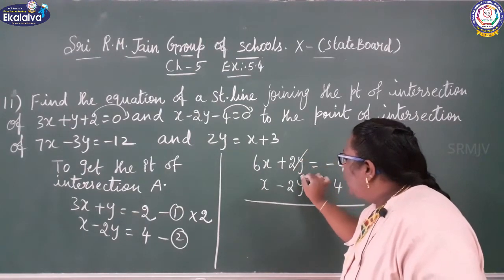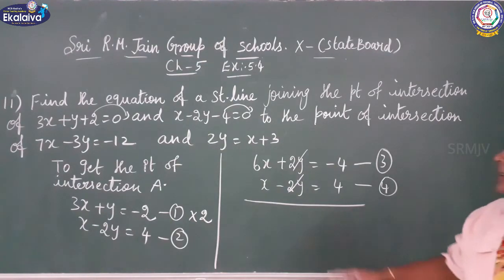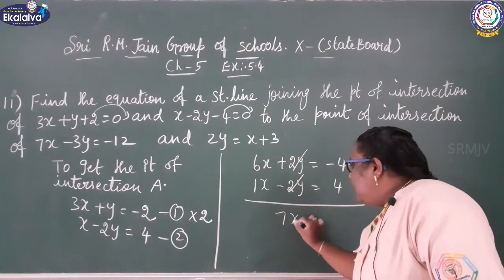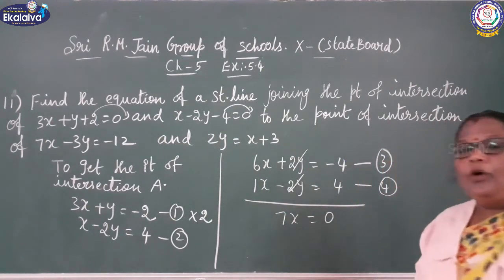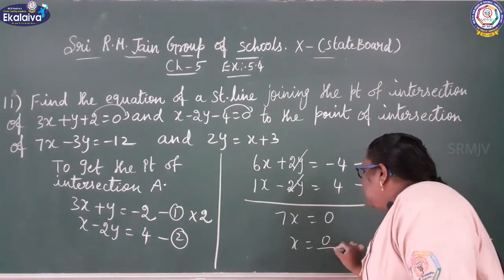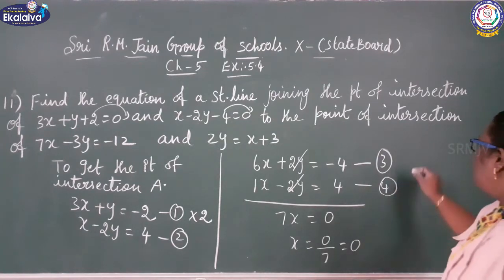See, plus 2y minus 2y get cancelled, by the elimination method. 6x plus 1x is 7x equal to 4 minus 4 is 0. x equal to 0 by 7, which is 0.